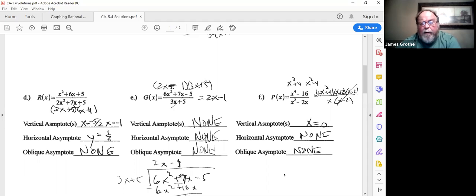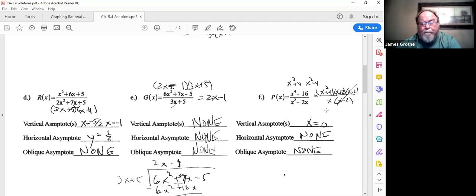So our numerator basically breaks down to x squared plus 4 times x plus 2 times x minus 2. Our denominator, well, we have a common factor of x we can take out of each term. When we take an x out, we'll be left with x minus 2. You'll notice we can cancel an x minus 2 on top and bottom there, leaving me with x squared plus 4 times x plus 2 over x.